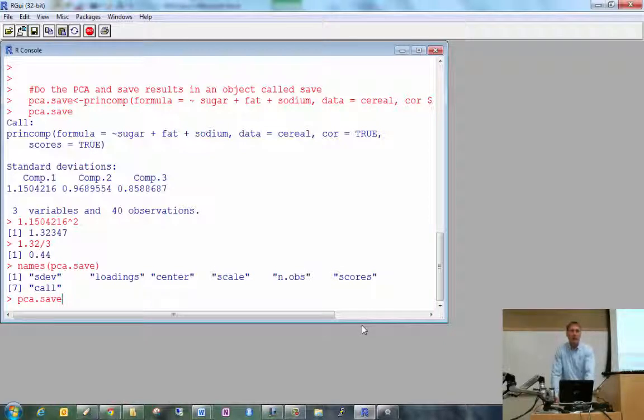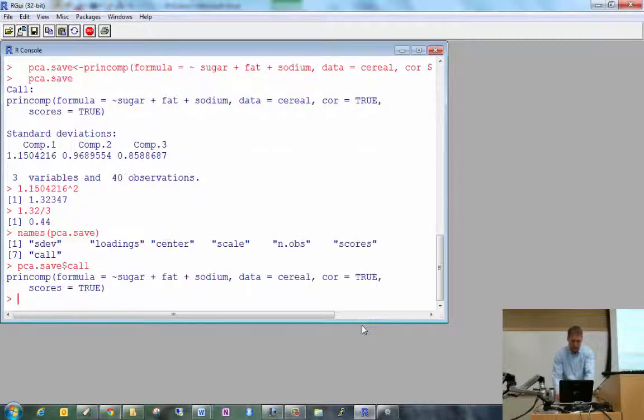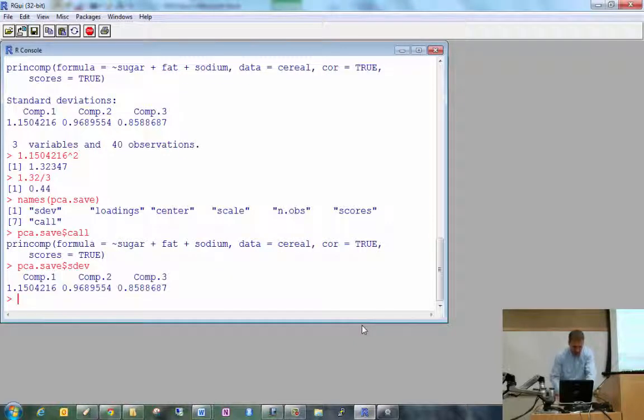How do I access one of those components? The dollar sign. Let's do call first. You can see this is how I actually used the function. This is very useful so that you know how all these calculations came about. Let's do sdev. Oh, look at that. It's these standard deviations that we had seen.